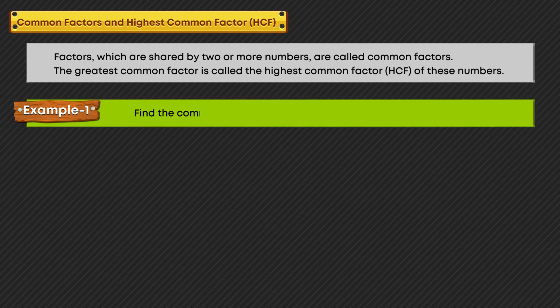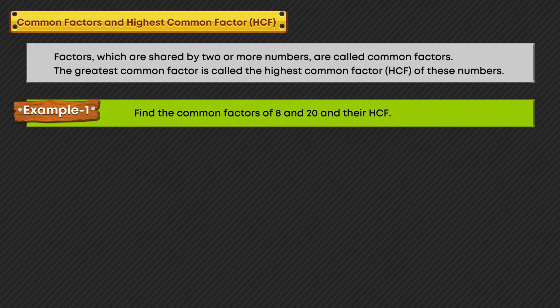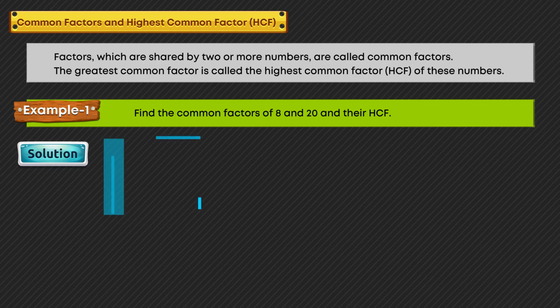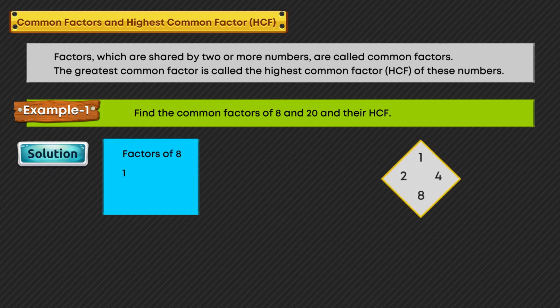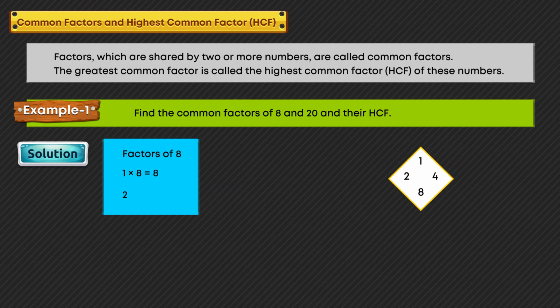Find the common factors of 8 and 20 and their HCF. Solution. Factors of 8: 1 into 8 is equal to 8. 2 into 4 is equal to 8.